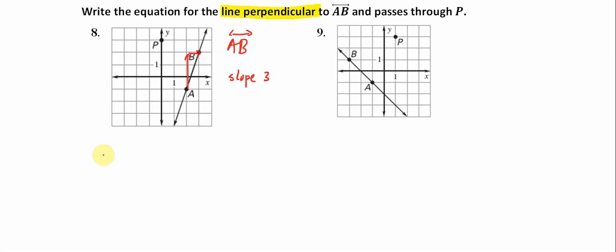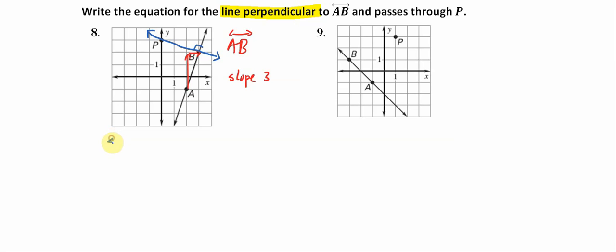Therefore, the line that we're looking for, this blue line right here, has to be perpendicular. So it has to go through P and it has to touch AB at a 90-degree angle, kind of like this. So the slope of the line we're looking for has to be the negative or the opposite reciprocal of this.